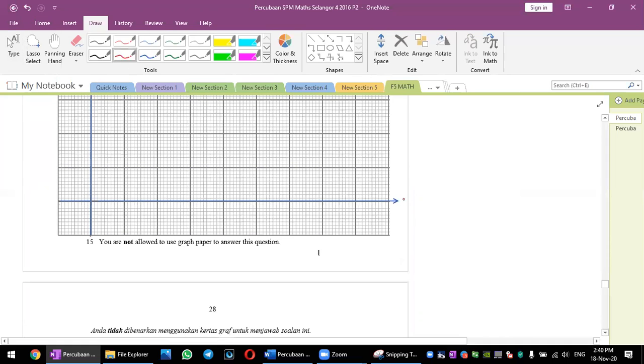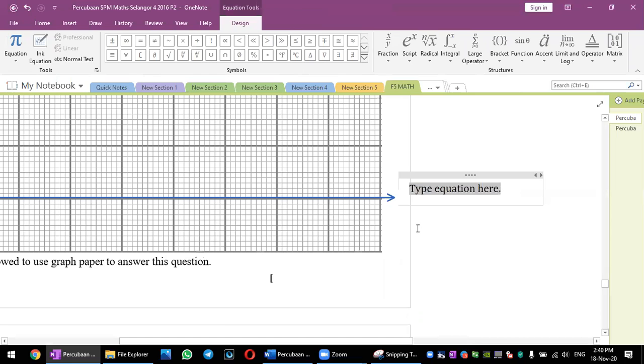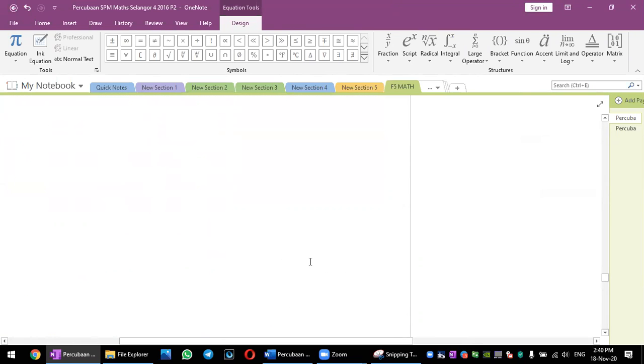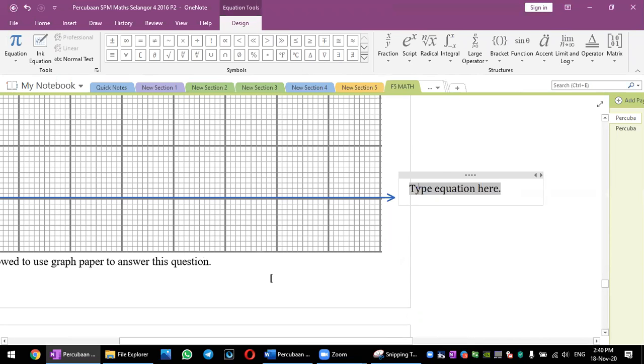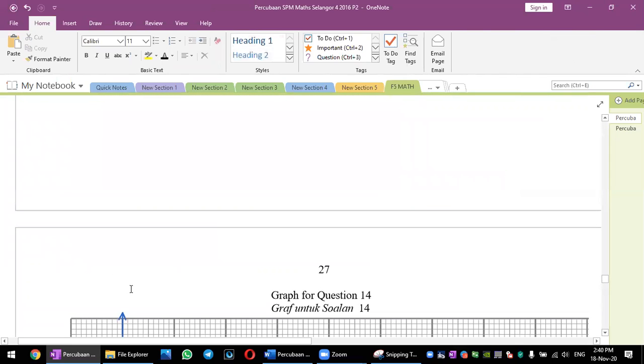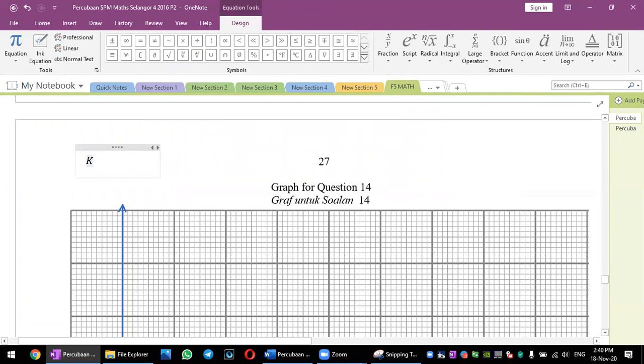Okay, so here is midpoint, or you can see what they mean. They mean is it the age? The mass, jisim, the mass. You can say the mass, ataupun kamu boleh tulis midpoint. Okay, then for the paksi Y pula, kekerapan, frequency.